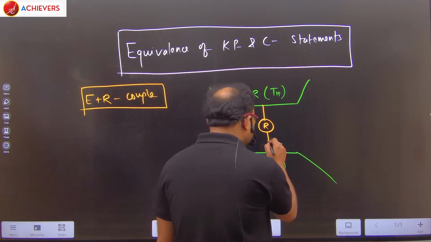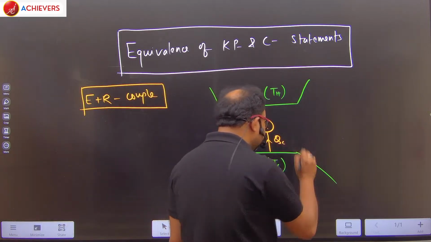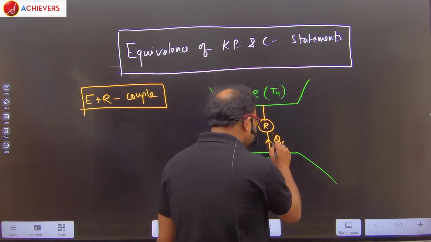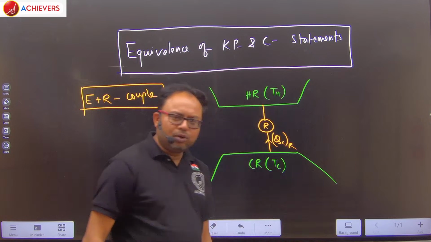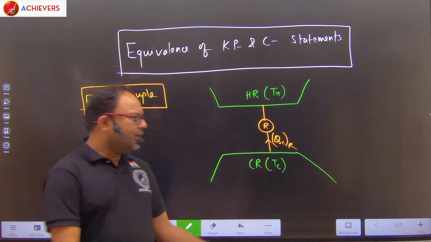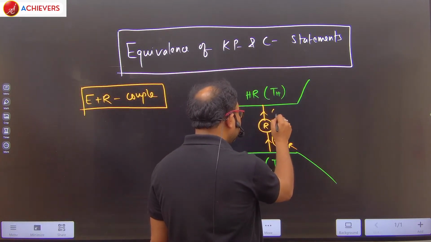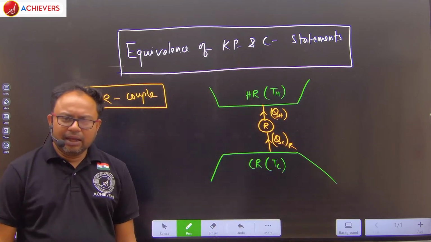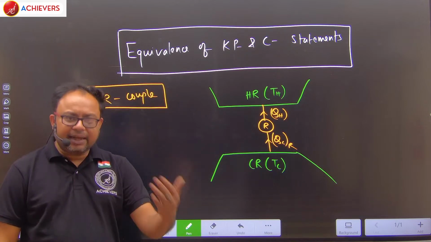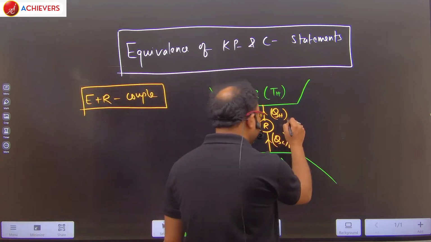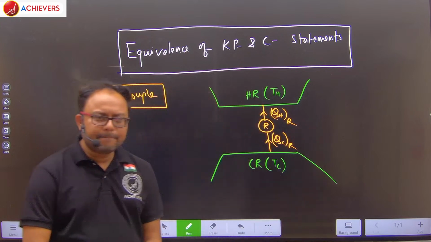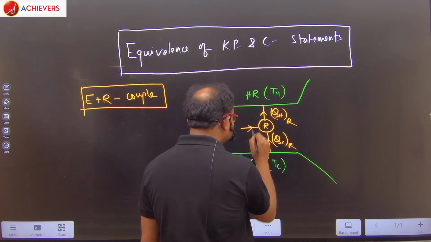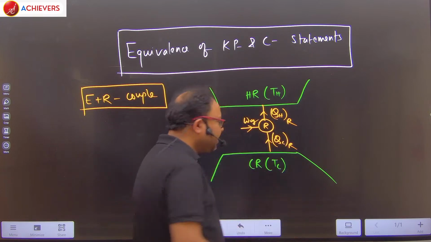And the refrigerator withdraws QC amount of heat from the cold reservoir. Let us write R as the suffix to understand that it's a refrigerator. And it transfers QH amount of heat to the hot reservoir. In order to demarcate it as a refrigerator, I am giving a suffix R. And for that purpose, it requires W cyclic amount of work.